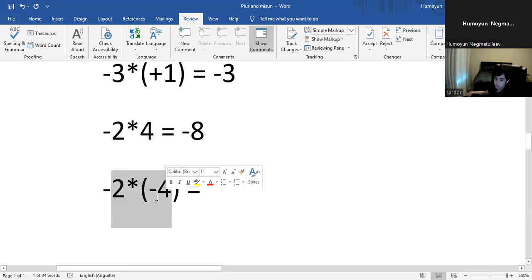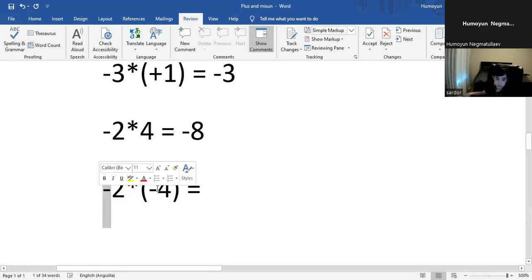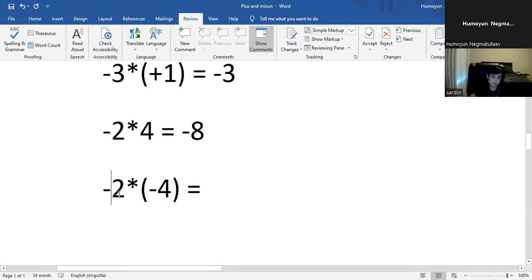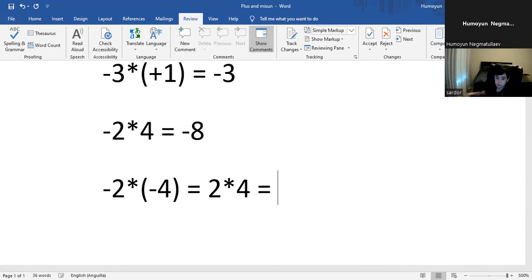Just imagine if you see two minuses, just remove these signs. Multiply 2 and 4. If you see two minus signs, we can write it like this. So 2 multiplied by 4, the result is going to be 8.